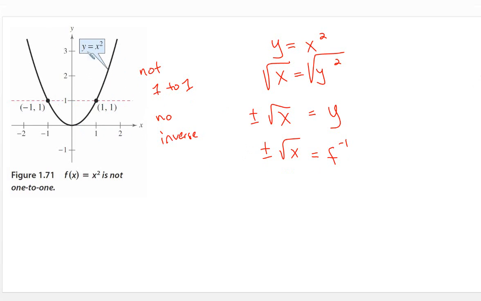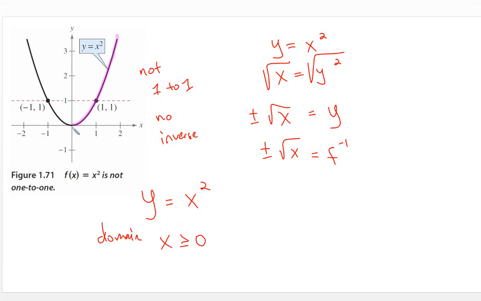So what they'll say is for y is equal to x squared, the domain for it will be restricted, and they're going to say, hey, we're only going to count x greater than or equal to 0 for the domain, because then it's only going to count this highlighted portion of the graph.